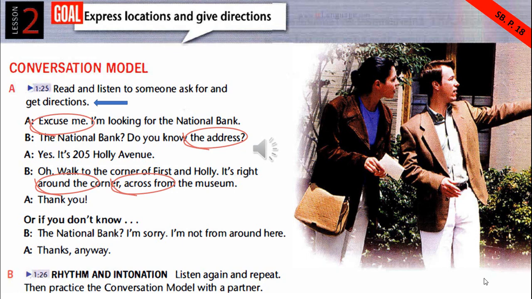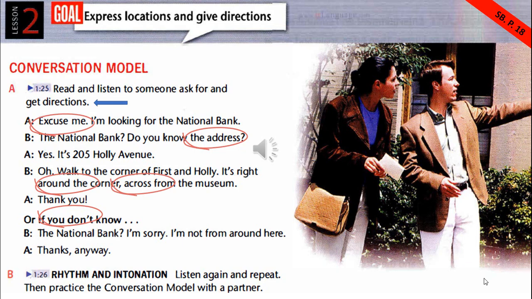We know the word museum. Thank you. Now, if we don't know the actual directions, what should I say? Look, how did this person reply? The National Bank? I'm sorry, I'm not from around here. I'm not from around here means I am not from this area.